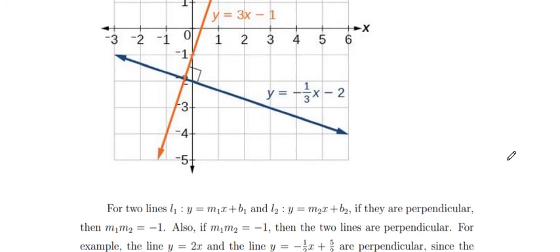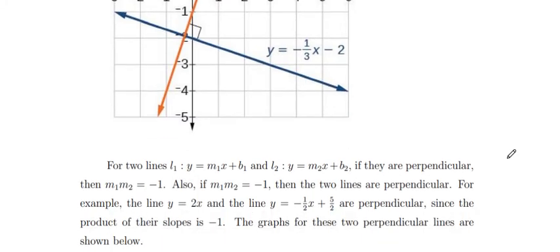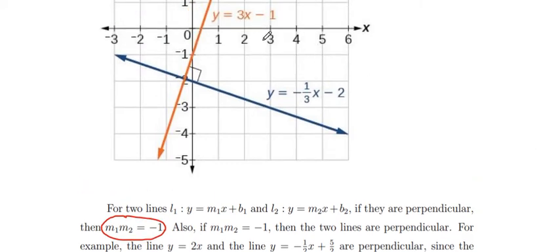In general, the condition for two lines to be perpendicular is that the multiplication of the slopes, m1 multiplied by m2, should equal -1. Here is 3, then 1 over 3, but here it's negative.